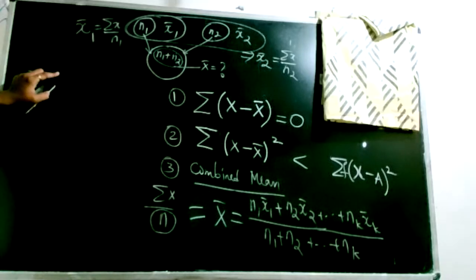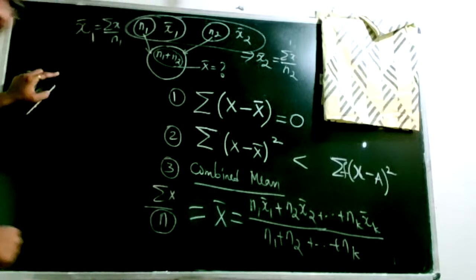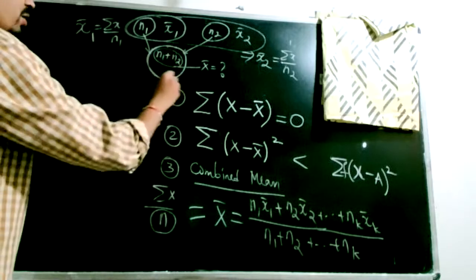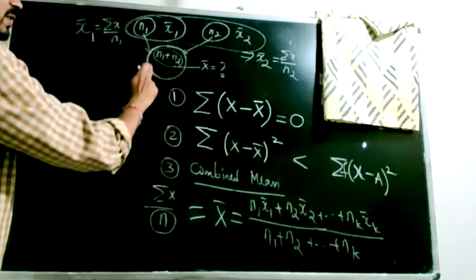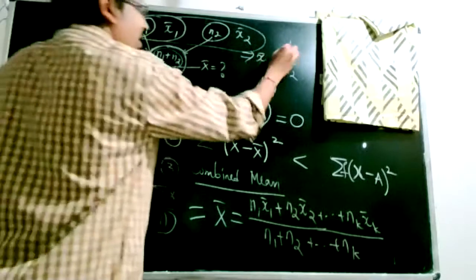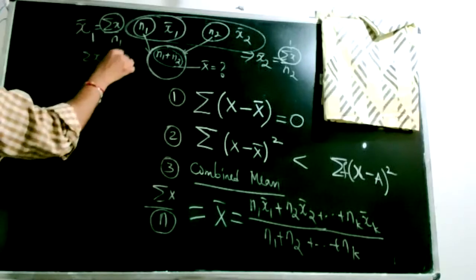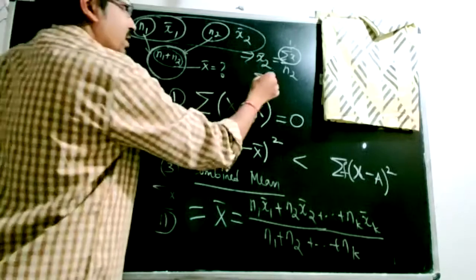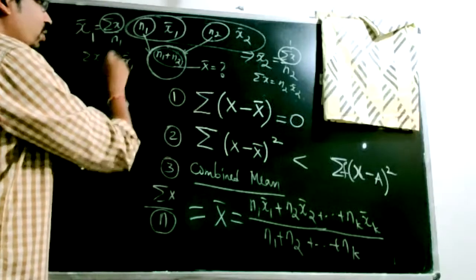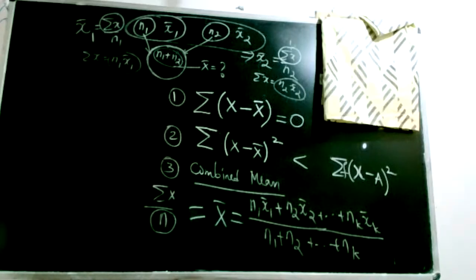For the computation of mean, in the denominator I need the total number of observations, so n gets replaced by n1 plus n2. In the numerator I need the total of x. So I have combined all the observations. The total of this set of observations is the same as the total of this observation plus the total of that observation, and from this, sigma x is n1 x1 bar and sigma x is n2 x2 bar. For the computation of mean, I need the total of both, so it will be n1 x1 bar plus n2 x2 bar. So that is the logic.